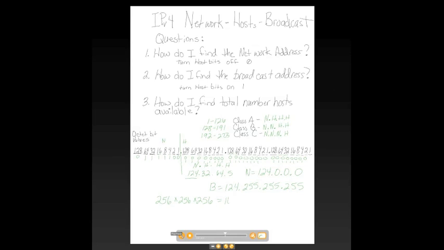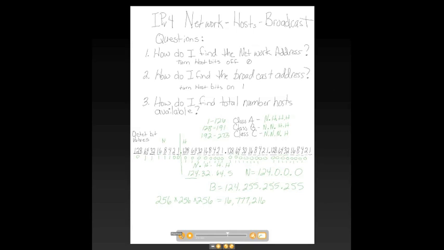That would be 16,777,216. But you have to remember, we've already used 2 of those numbers. The first one we used is the network address, 124.0.0.0. So we can't count that. We've got to take that out of our total here.